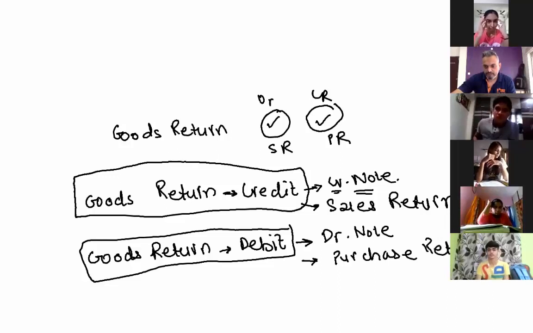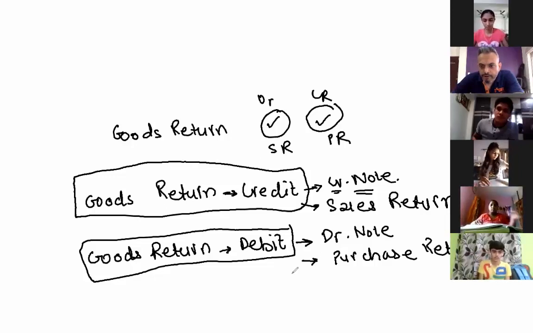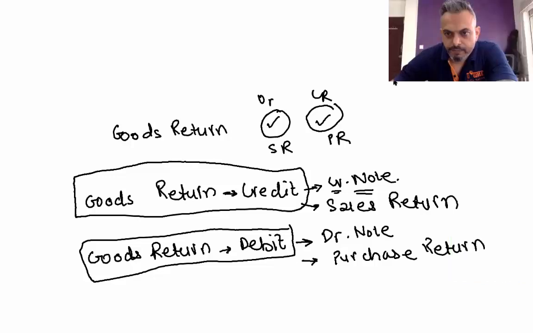Please write this. Very important. All of you understood this? Okay. So please write this. Only goods return is given many times in the trial balance, and we know if it is debit side it is sales return, credit side it is purchase return. But here it is given this way, goods return credit.